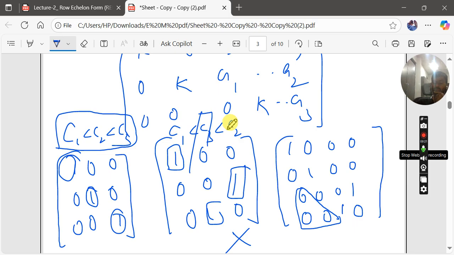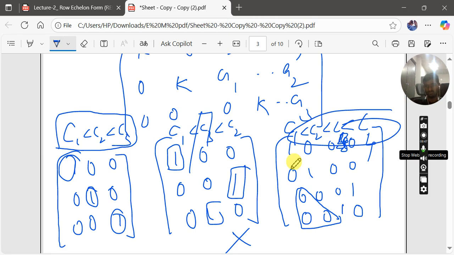Why is it not row echelon form? That's why you should make sure about this condition. C1 here, C2, then C4, then sorry, C3. Here C4 will come here. Here C3 will come. So here it won't satisfy.